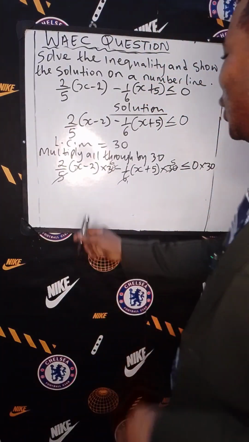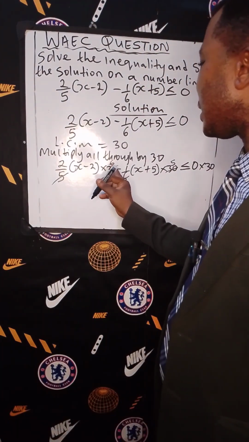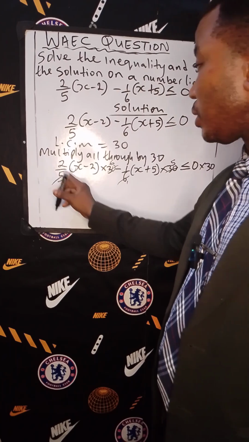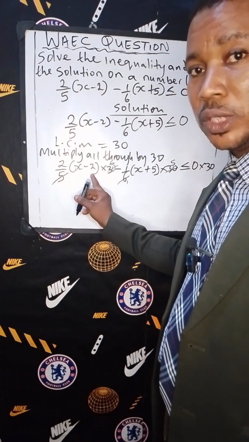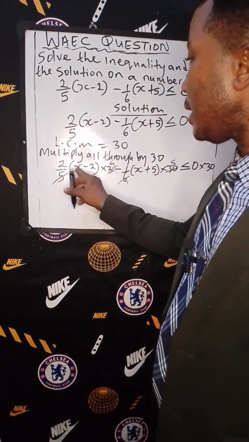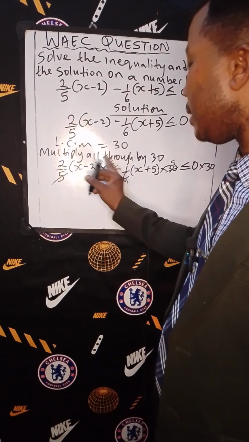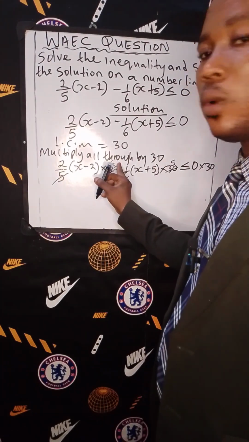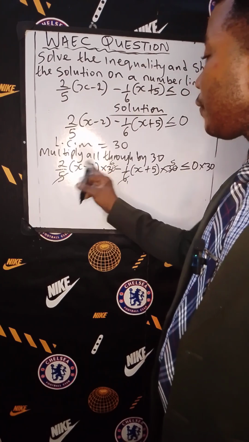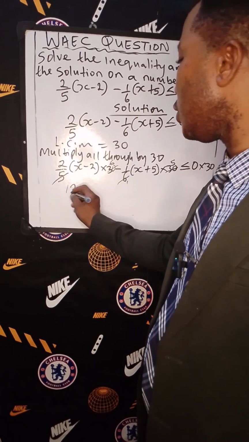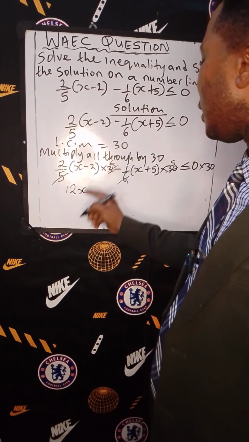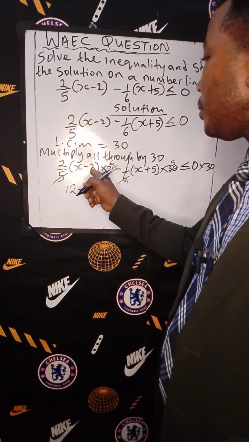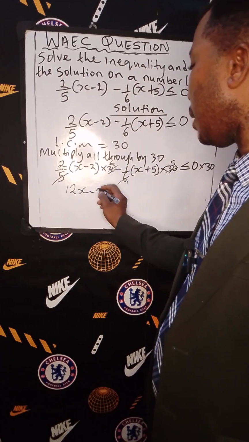Here we can say 6 times 2 first, then multiply before you open the bracket. Or you can multiply this first, then multiply again by 6, one by one. So 2 times 6 is 12, and 12 times x is 12x. Remember, 12 times minus 2 is minus 24.